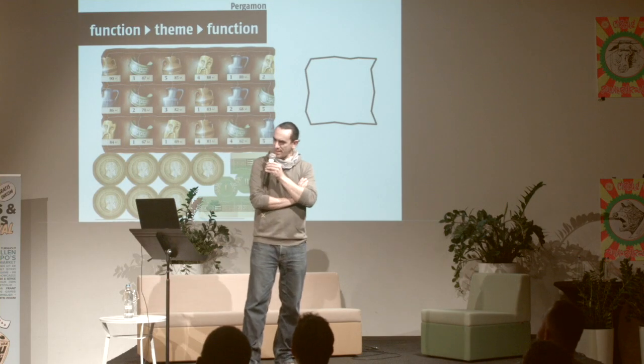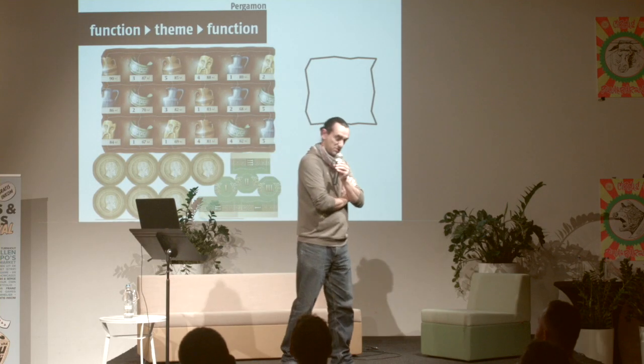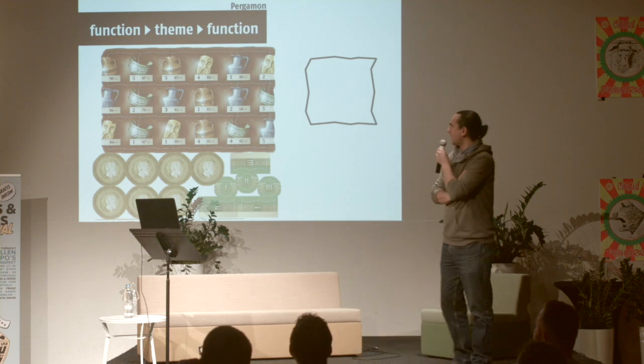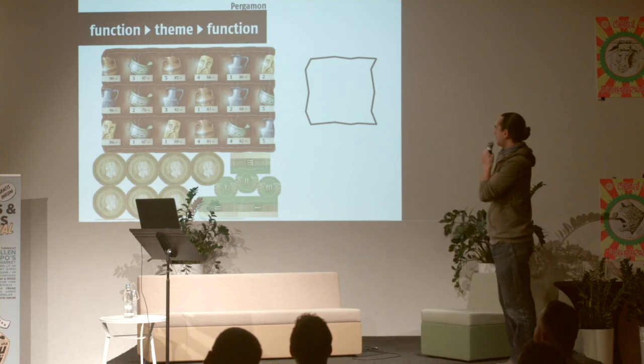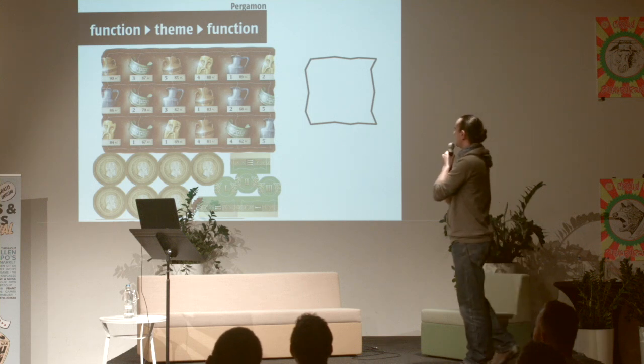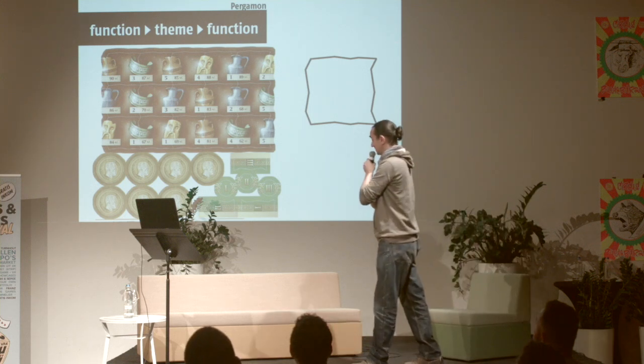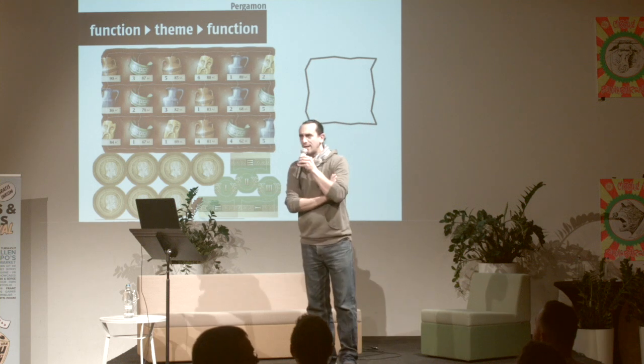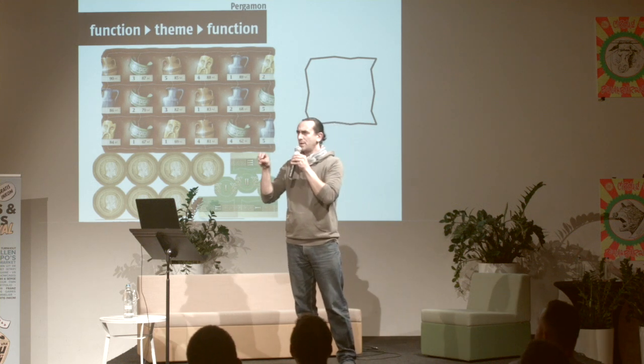A similar thing we've done here for Pergamon, which is already an older game from Eggertspiele, about the Pergamon Museum. The designers came up with a theme, and part of the game is that you have to puzzle together different artifacts.